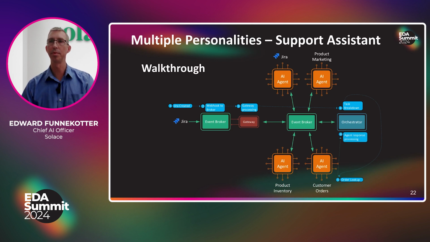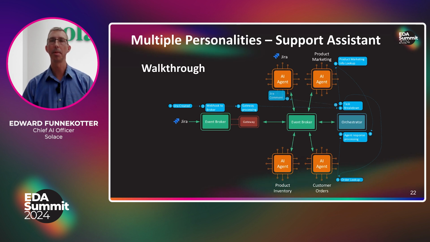That order lookup will return its results. The orchestrator will be re-invoked with those answers, which will then allow it to do a further lookup into the product marketing info, because it might have needed some of the information from the order lookup to do that. That result will be returned back to the orchestrator. Now it has all the information it needs, but it's not going to respond back to the gateway.